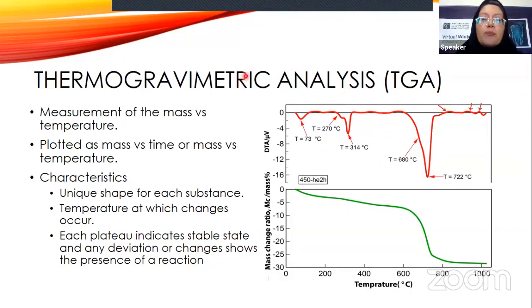And so, we can estimate an unknown material, or we can also estimate the behavior of the material.